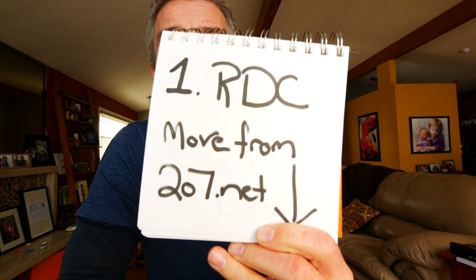I put together 7 steps that outline the deployment of MCID. So let's begin with number 1, RDC. The video below explains what RDC is, but this is where I begin.